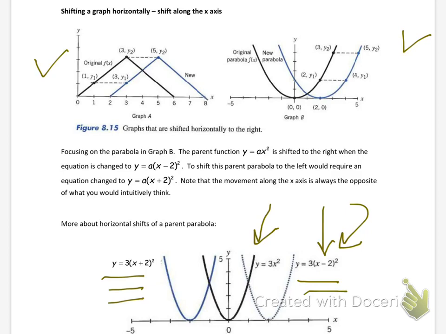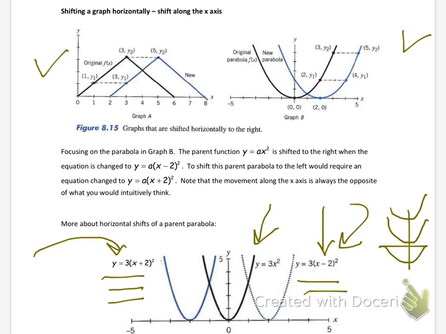If it's x plus 2, you are shifting to the left in the negative direction. So you've got to remember that x shifts are always goofy. They're opposite what you would think, as opposed to vertical shifts. If you were originally here and you shift up, that would be adding. If you shift down, that would be subtracting, and those are the C values.